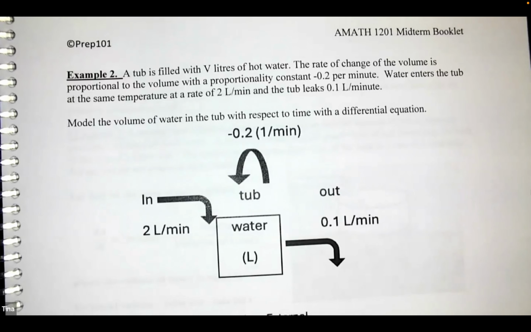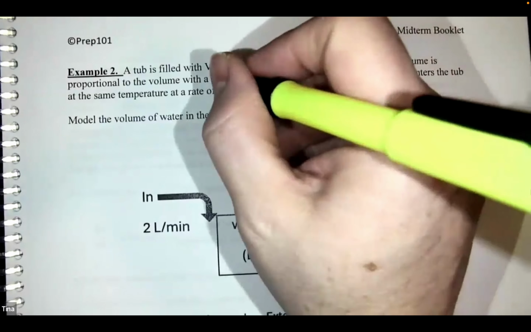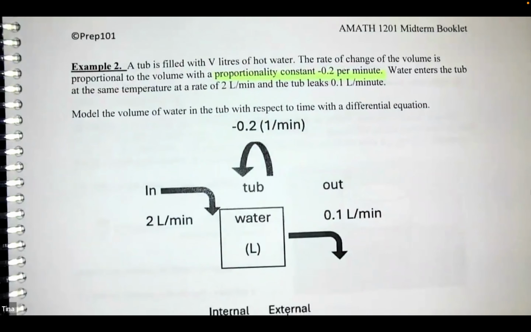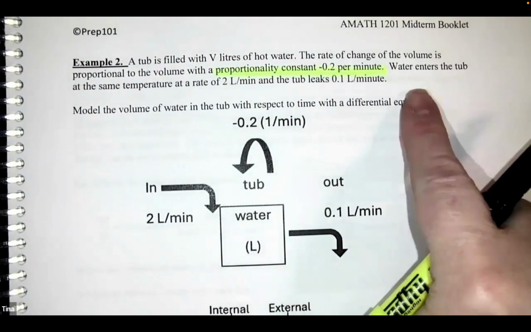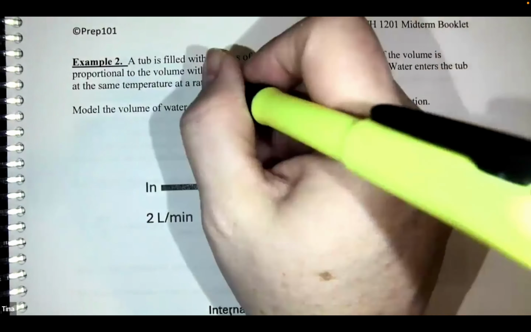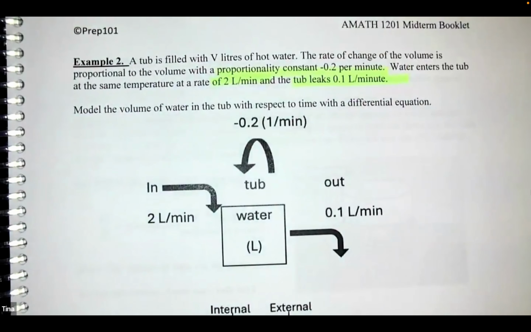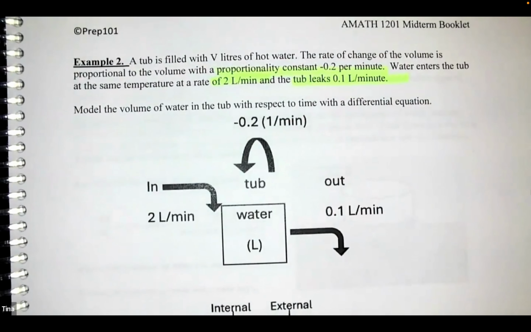So for example 2, we have a tub filled with V liters of hot water. The rate of change is proportional to the volume with the proportionality constant of negative 0.2 per minute. Water enters at 2 liters per minute and leaks out at 0.1 liters per minute.